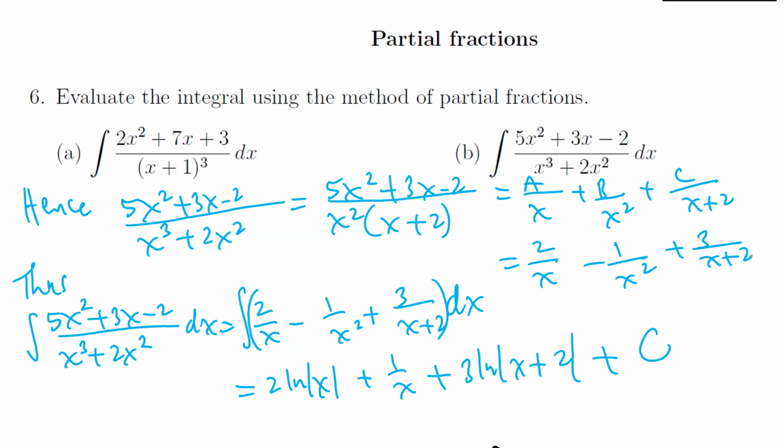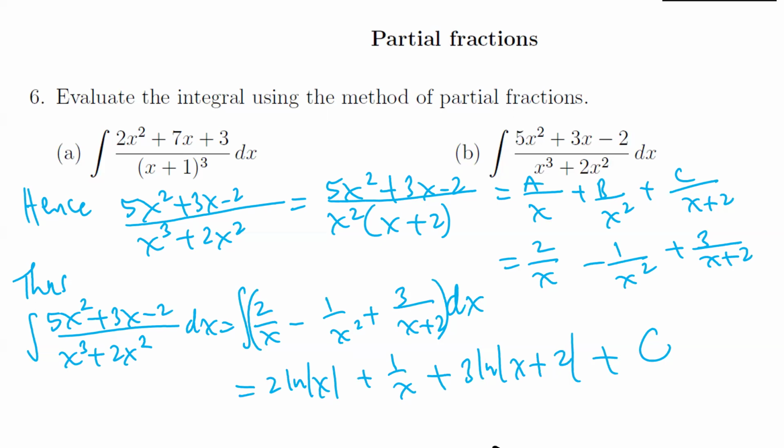Look at this one and make sure you understand it. In the presence of a question, please ask. But this would be the integral in part B of this particular question here. Let c be the arbitrary constant of integration.